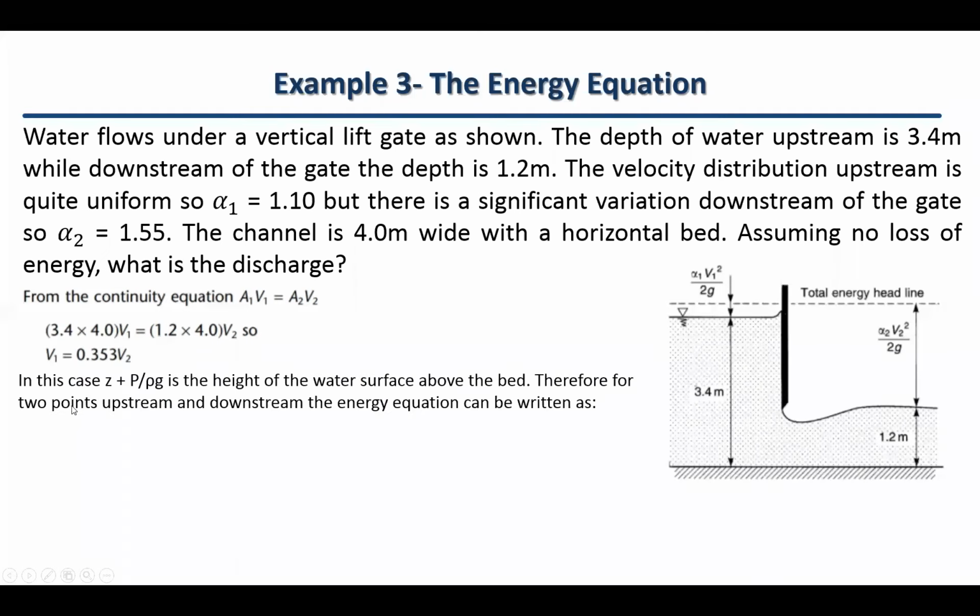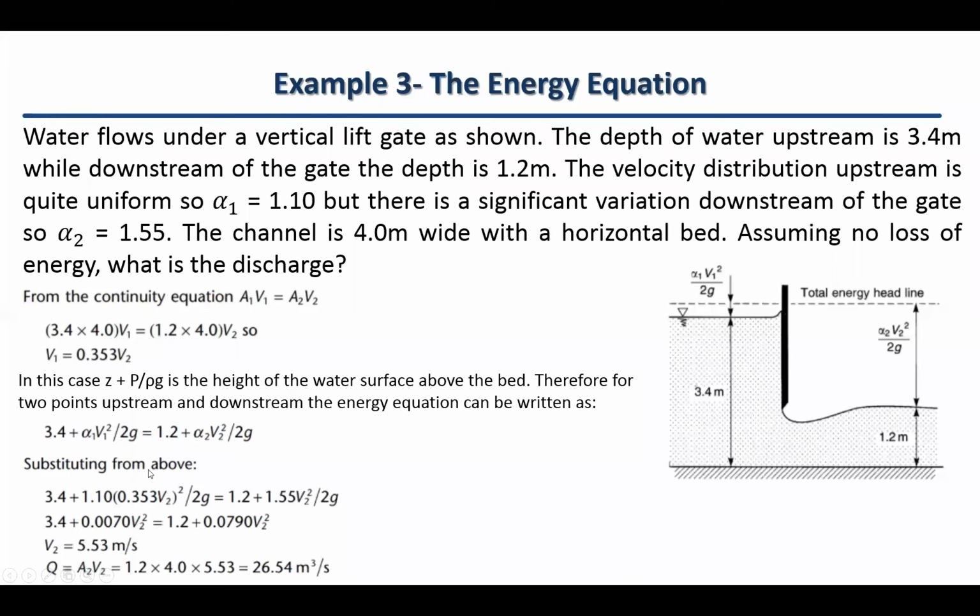With that, let's write the Bernoulli equation. We have P over rho g and Z. Z is the same because it is completely horizontal, so we can remove Z and use only P1 over rho g, which is the depth of the water, 3.4, plus the velocity head term, alpha 1 V1 squared over 2g.